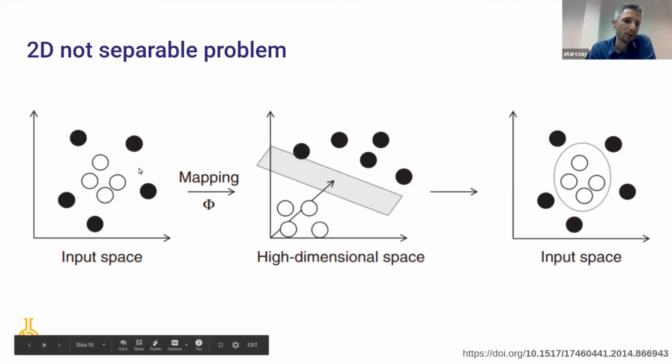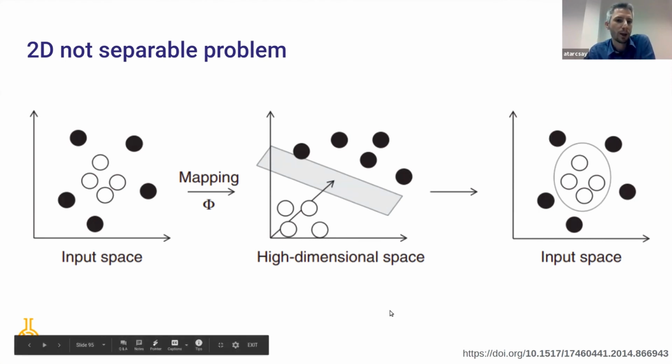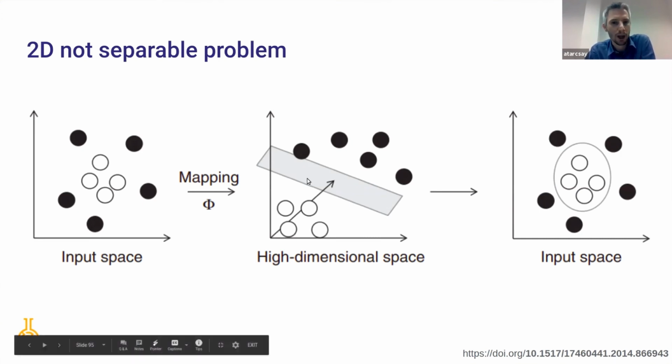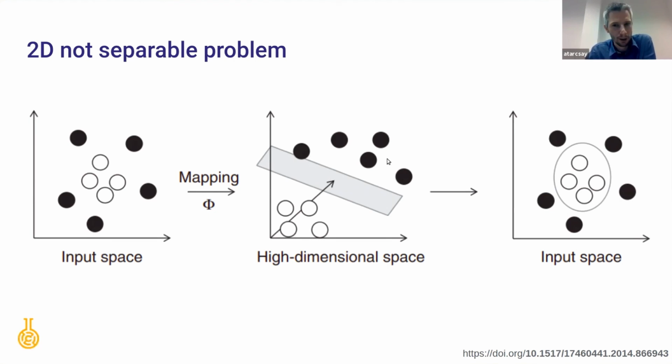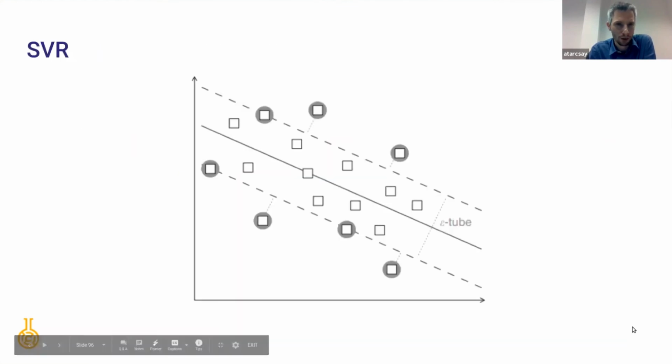And it can also be applied for non-separable problems. As I said, we have a large number of descriptors. You can imagine the fingerprints as being the descriptors, where it cannot be separated. In this case, the support vector machine can map it to a higher dimensional space, and in the higher dimensional space with the support vectors, it can classify the observations.